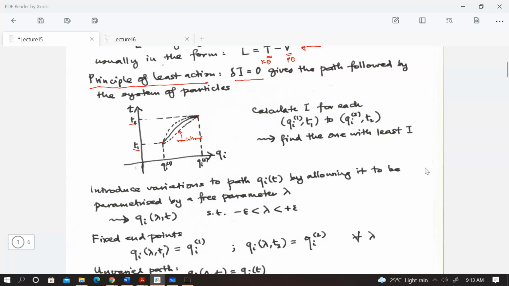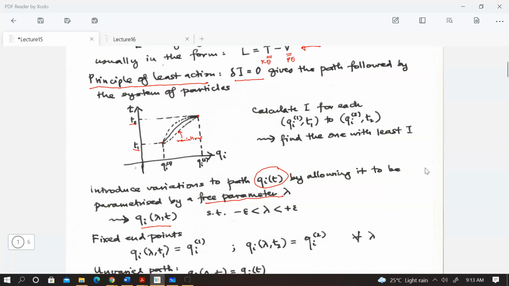So you introduce the variations to this path by allowing your path, given by your coordinates here, to depend on some free parameter. So here you have a free parameter that parameterizes the variation of the path.